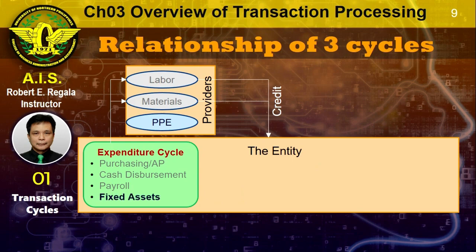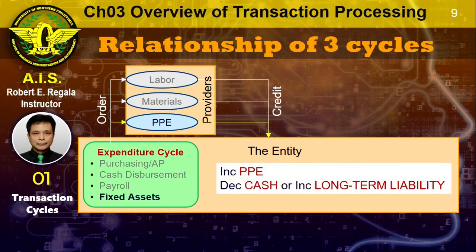Fixed assets system. A firm's fixed asset system processes transactions pertaining to the acquisition, maintenance, and disposal of its fixed assets. These are relatively permanent items that collectively often represent the organization's largest financial investment.